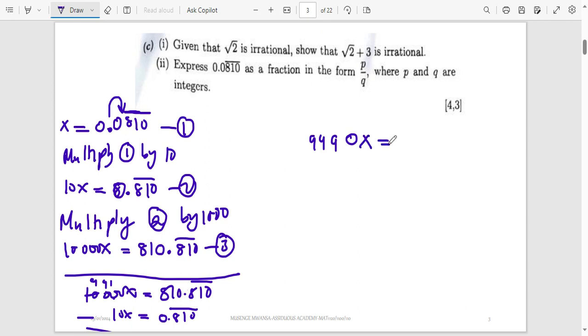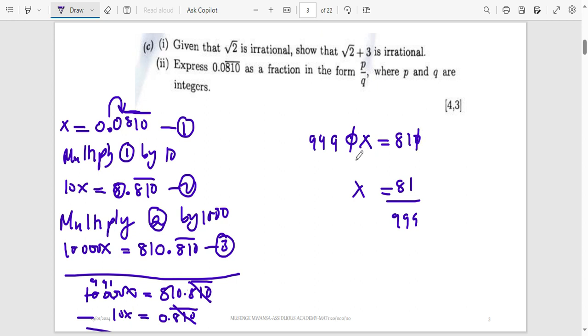So it will be 9990x, and that will be equal to, now when you're subtracting these two numbers, you can see they are both having 0.810. So the 0.810 and the 0.810 cancel, and we'll just remain with the 810 minus 0, which is 810. At this point we divide both sides, so it will be 810 over 9990, because this 0 will cancel with this 0.